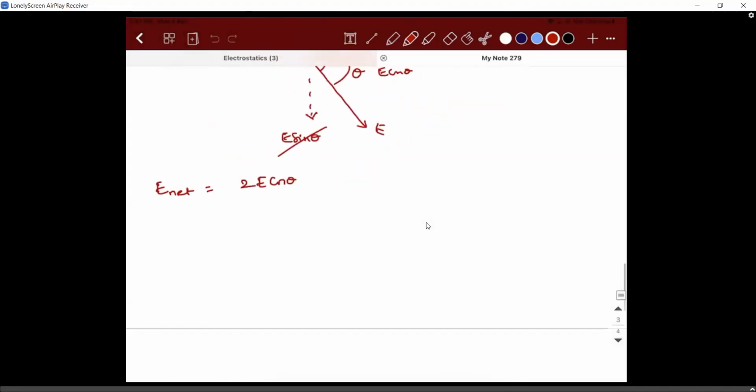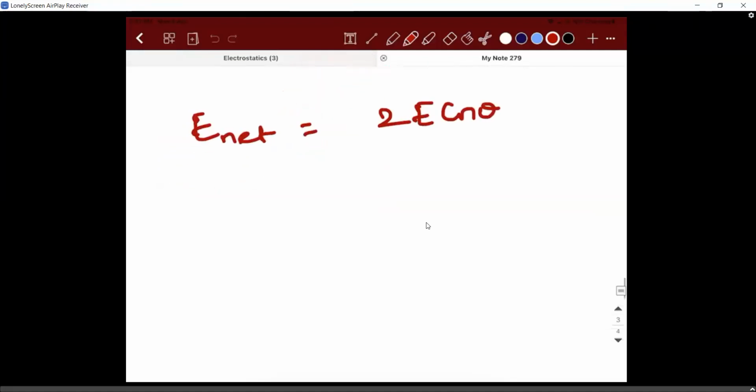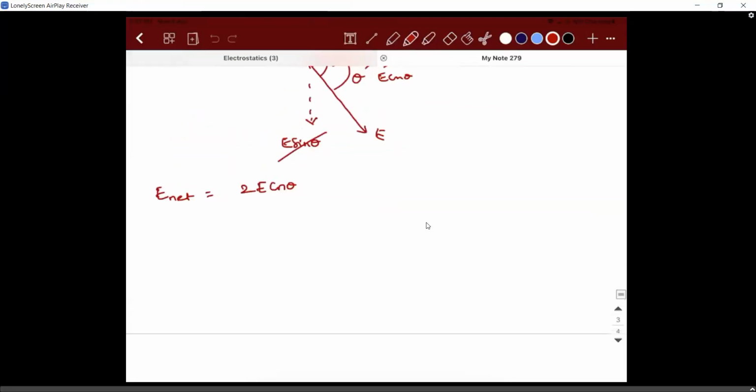And observe, till now I concentrated only on magnitude. Till now I didn't touch direction at all. Okay. So 1 divided by 4 pi epsilon naught. What is the magnitude of E? Q divided by R square plus D square. Then what about cos theta, guys?